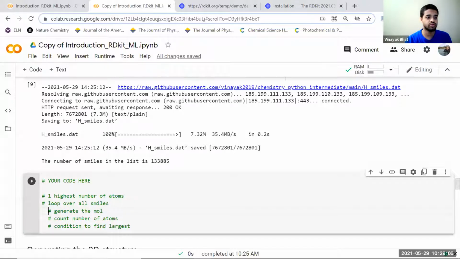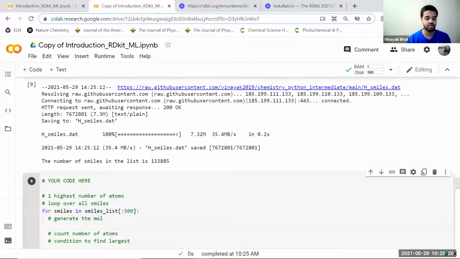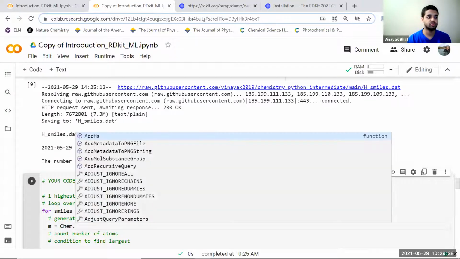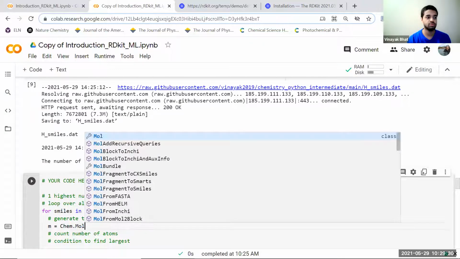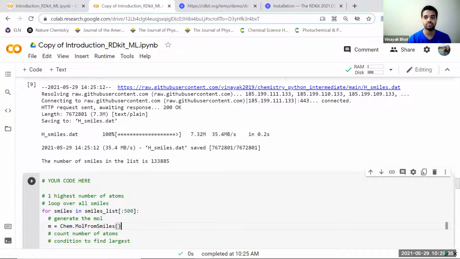So what I do first is just write a for loop, right? For smile in smiles list. I'll use this 500 because 100,000 is a big number. And generate the molecule. Let me say m is Chem.MolFromSmiles of smiles.